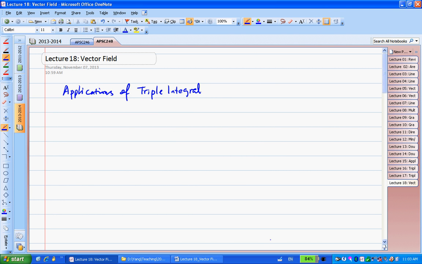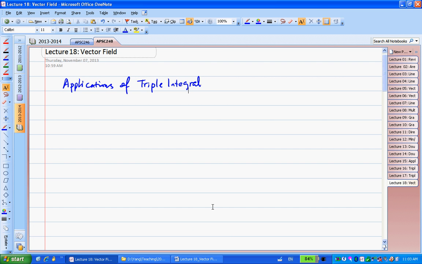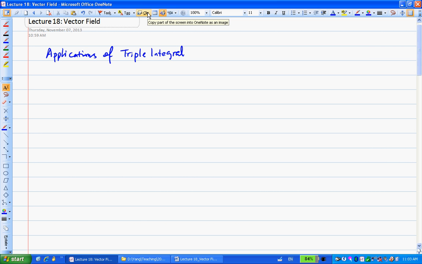It's actually more useful than double integral for application, because whenever you're dealing with real world 3D objects, chances are you need to use a triple integral.